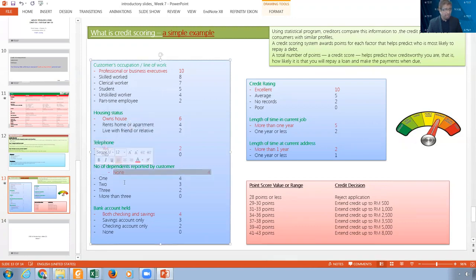Then you will have how many dependents they have, how many accounts they have, what their credit rating is in the system, whether they have defaulted before, whether they are on the blacklist or have been on the blacklist or left the blacklist, and how long they have been in the current job. Is he stable in the job or does he keep changing? And the length of time at his current address, is he just moving between addresses?